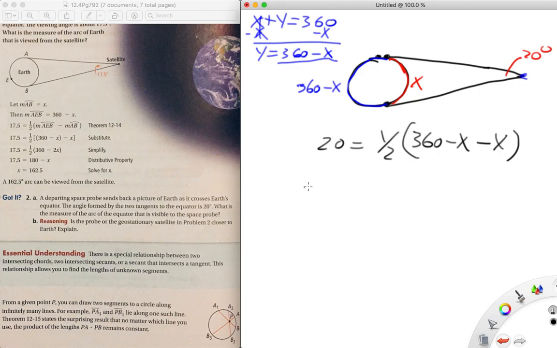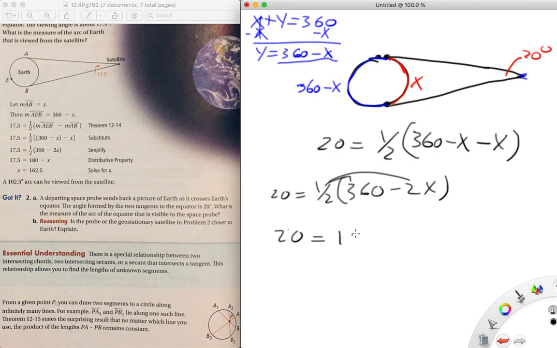That turns into 360 minus 2x. Alright, so I can do this in two ways. I can use the distributive property and distribute 2 through this, and this would be 180 minus x. Or I can multiply both sides by 2 and get 40 equals 360 minus 2x. Either way gets me to the same answer. The book distributes, so I'll be consistent with the book.